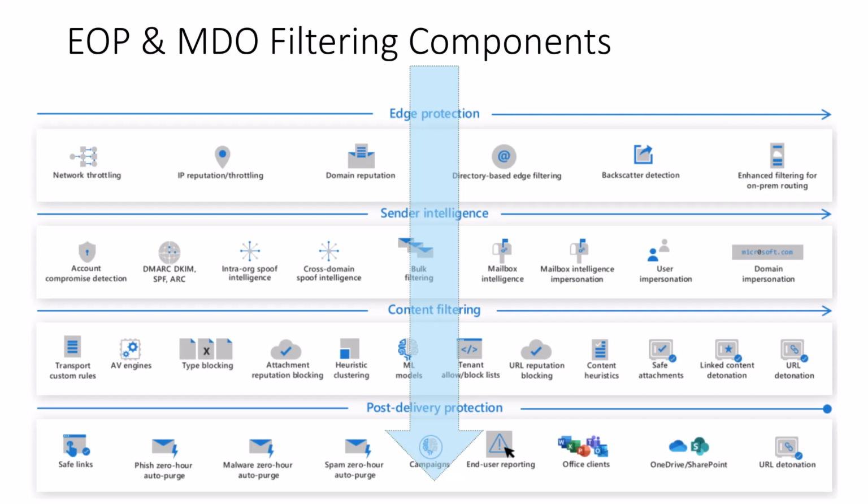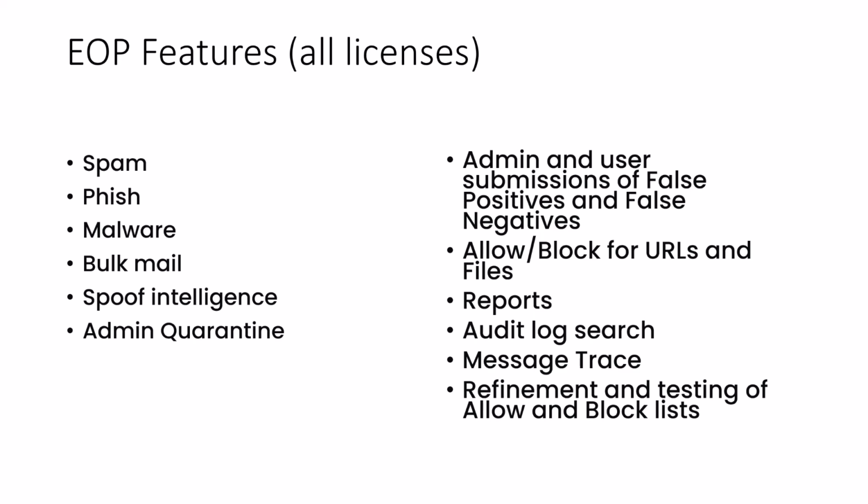And it's different components depending on the licensing we have. A lot of the basic stuff here is actually basic Exchange Online Protection features, which is available in all licenses of Microsoft 365, or at least whenever we have a mailbox available. So basic spam protection and so on is available here.